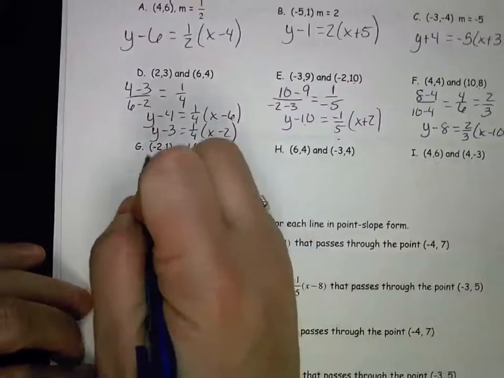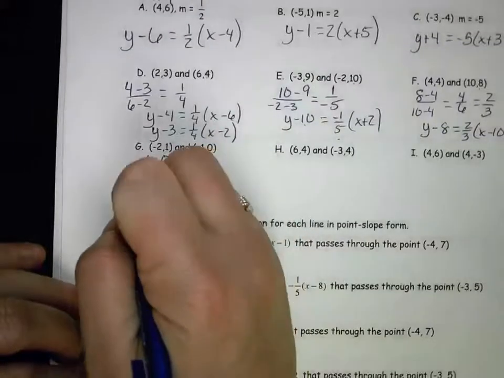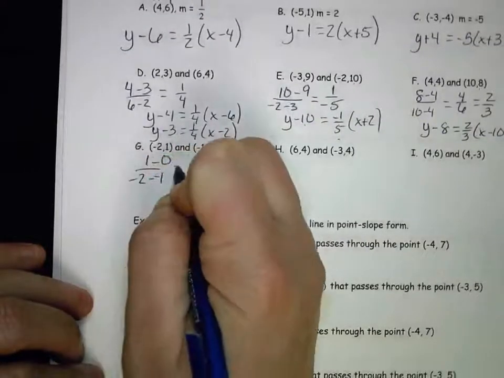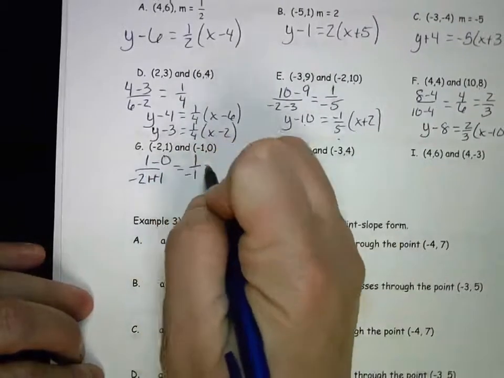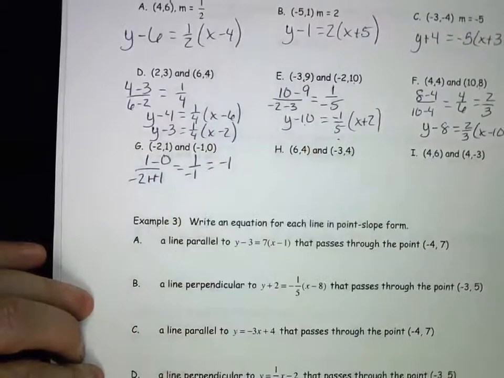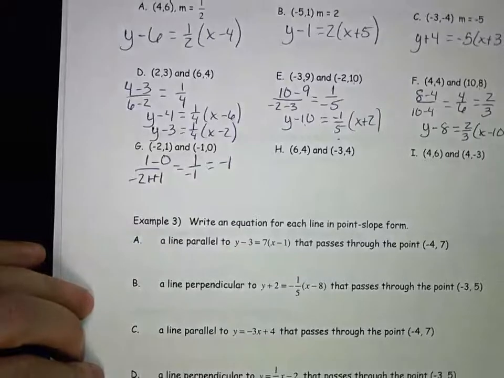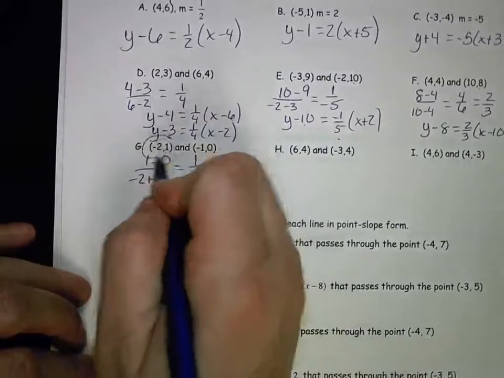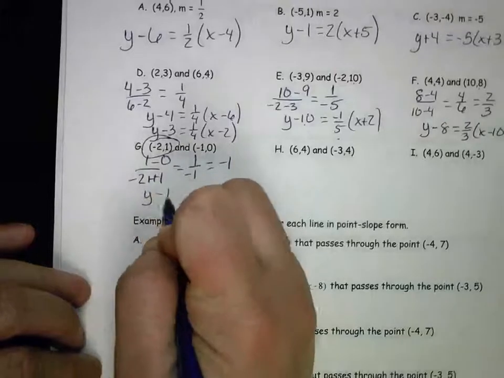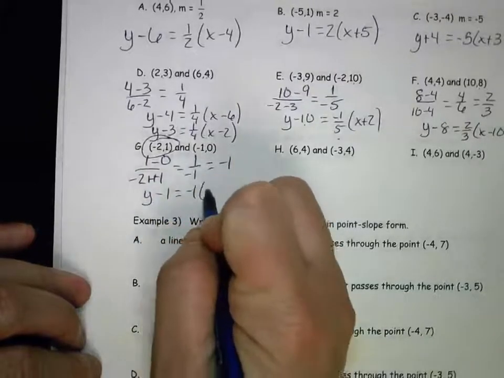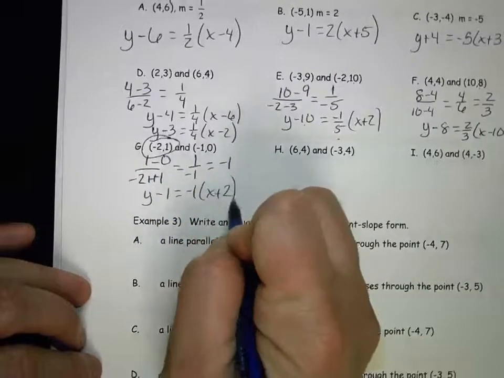And letter G, y minus y over x minus x, that becomes 1 over negative 1, which is negative 1. And then I'm going to grab that point: y minus 1 equals negative 1 times x plus 2.